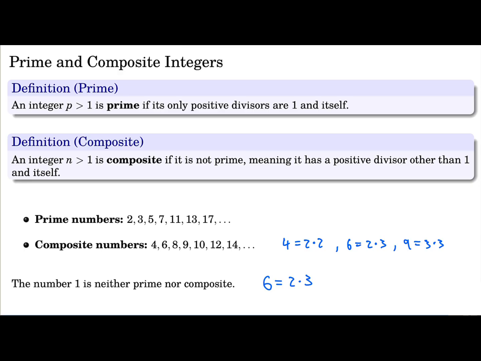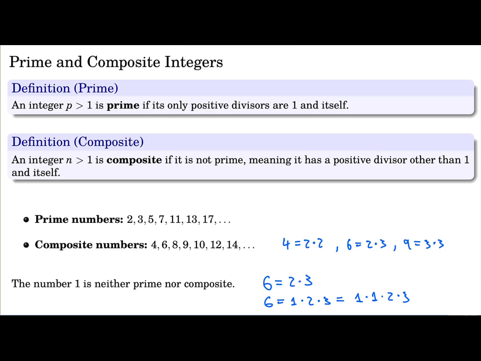If you allowed for 1, then you could write 6 like this, but you could also write 6 like this, right? And so 1 is able to pop up many times, and it sort of messes up the theorem a bit. So it's usual that you do not define the number 1 as either prime or composite.